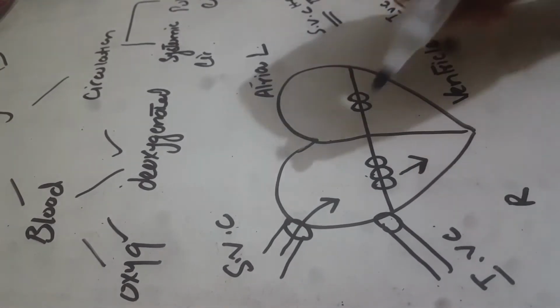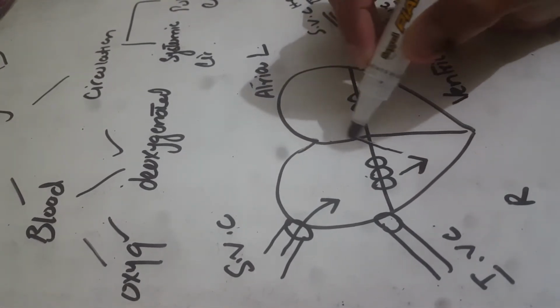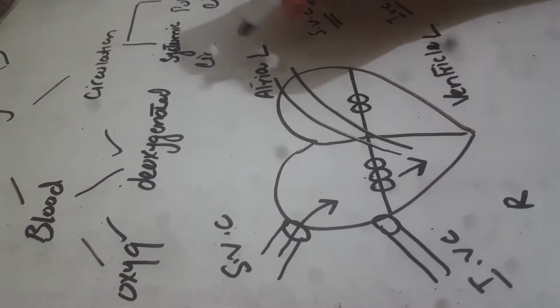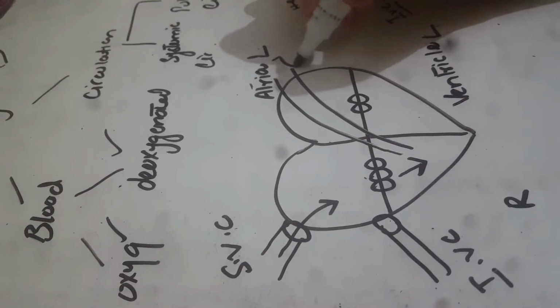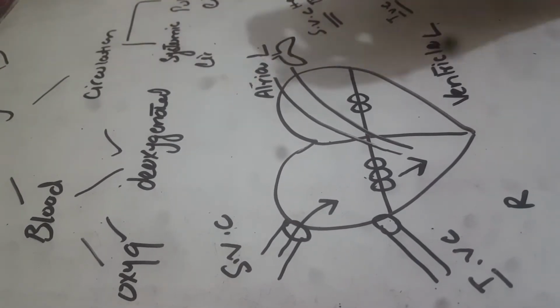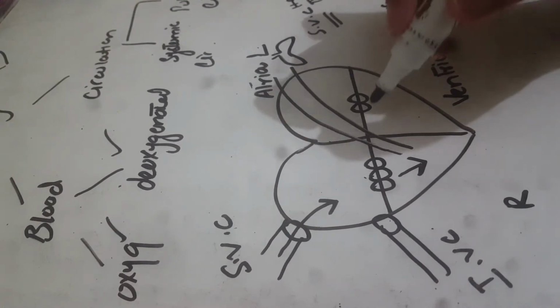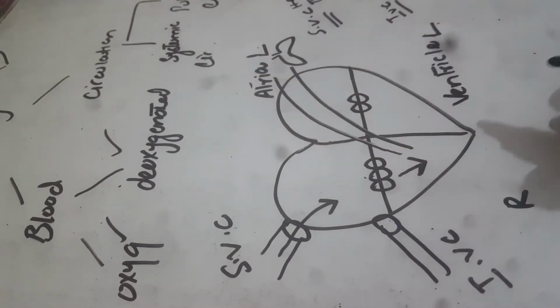From the right ventricle, there is a pulmonary artery that is connected to the lungs. This is the pulmonary artery. Why is this an artery inside the heart? Because it is carrying the blood away from the heart.